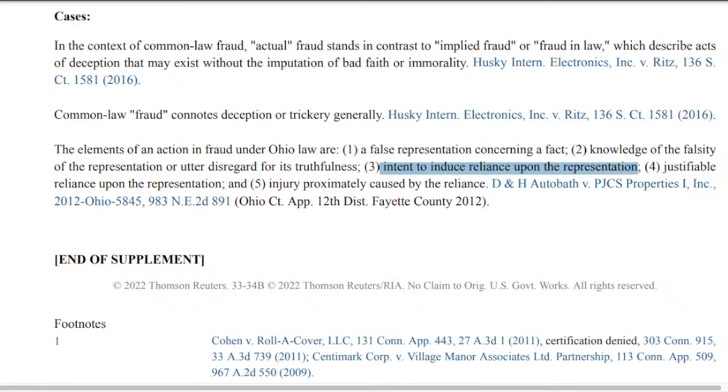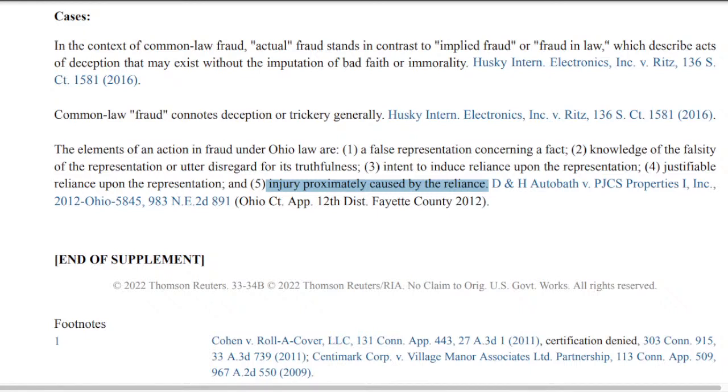So they try to say, well, trust me, it's good. You have to do it this way. Justifiable reliance upon the representation. Well, they have authority. They told me I should do it, so I did it. Injury proximately caused by the reliance. So this seems a little bit more involved with other aspects now.